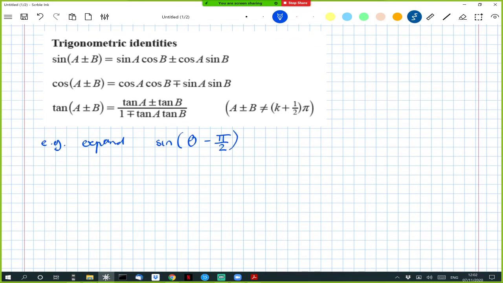So using those formulae, in this formula A is theta and B is pi over 2, and we're going to use the subtract formula. So take a moment and have a go at that. And I'll quietly get on with it so you can check your answer.